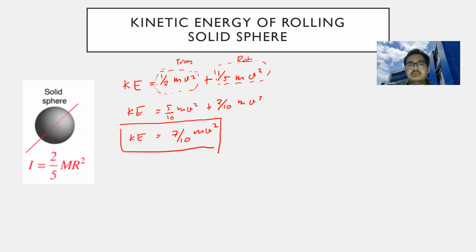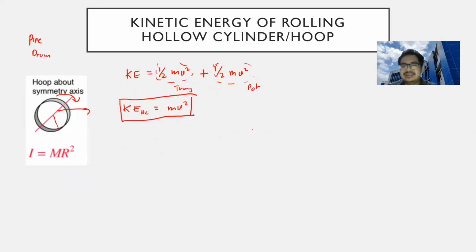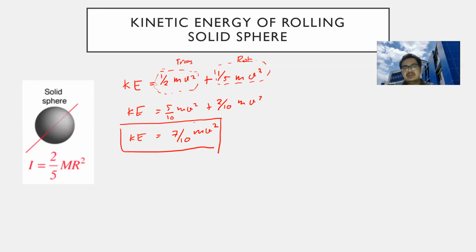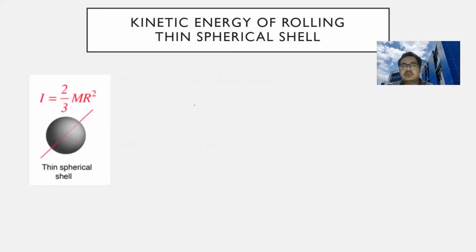Still simple, but the number is not as simple as this one. So let's continue to one more geometry here. Thin spherical shell. So basically you have a ball with just only thin skin or thin shell.